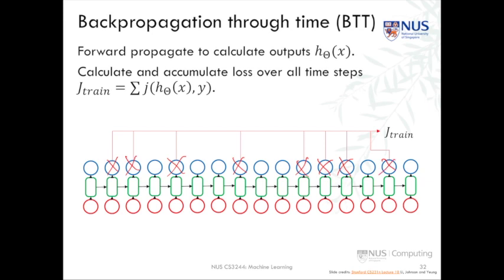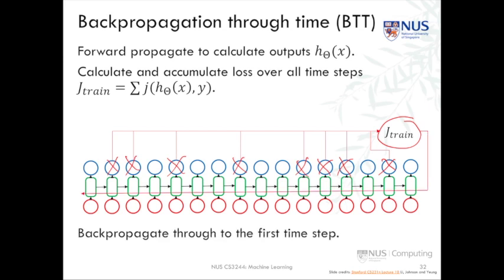We're going to accumulate that in our J train. When we do backpropagation, we have to take this particular loss and shift it all the way back through the network. So we have to go all the way to the beginning of the sequence to propagate the information all the way back through the input network. This can be pretty time-consuming.